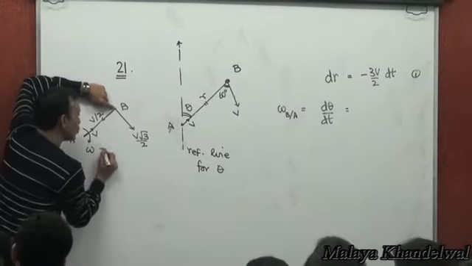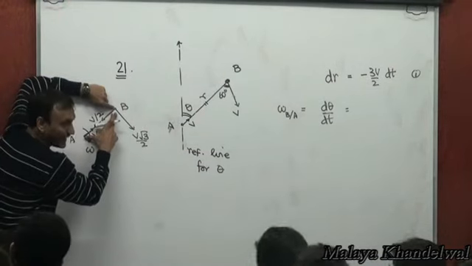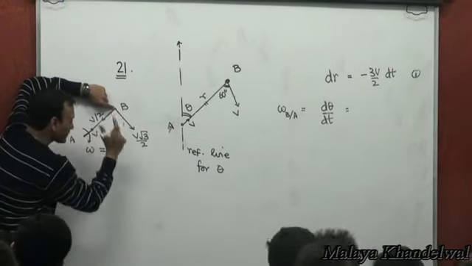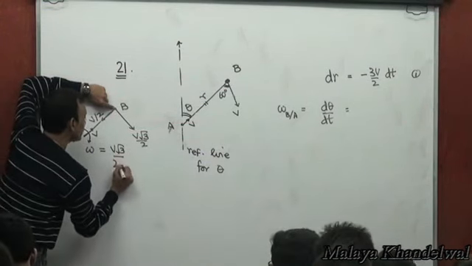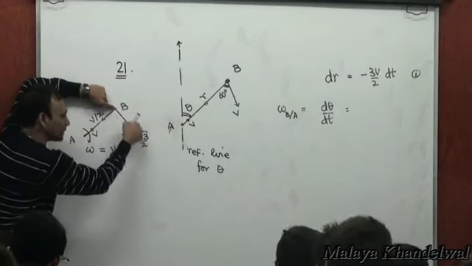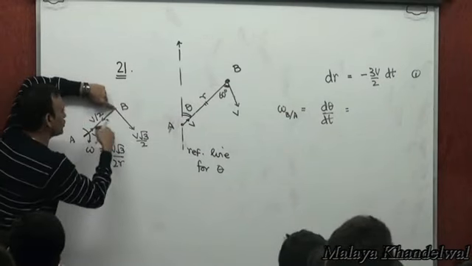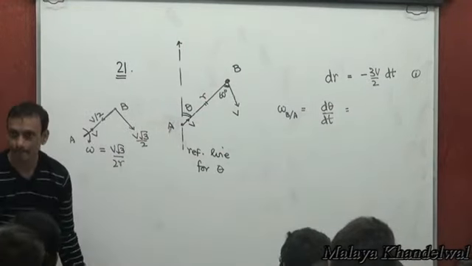So then this omega would be the relative velocity perpendicular to AB divided by the length r. Yes or no? So that's going to be V root 3 by 2 divided by the corresponding length r. That will be a measure of omega.